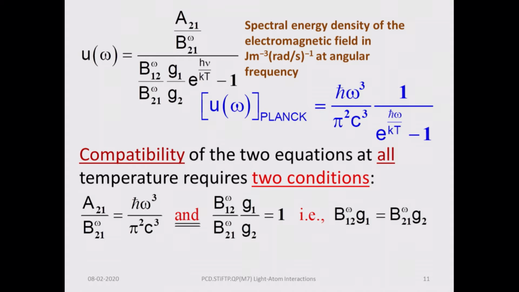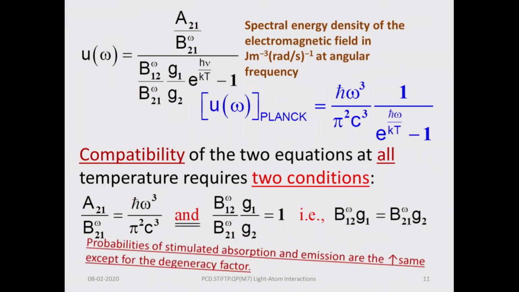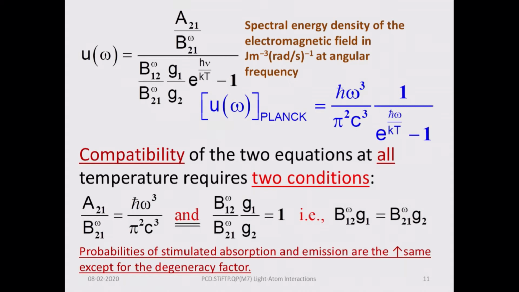So, if the degeneracy factors G1 and G2 were the same, then B12 would necessarily have to be equal to B21, right. This is something which we know subsequently from quantum theory as it was developed later, but this was based on primary consideration of balancing the emission and absorption rates.